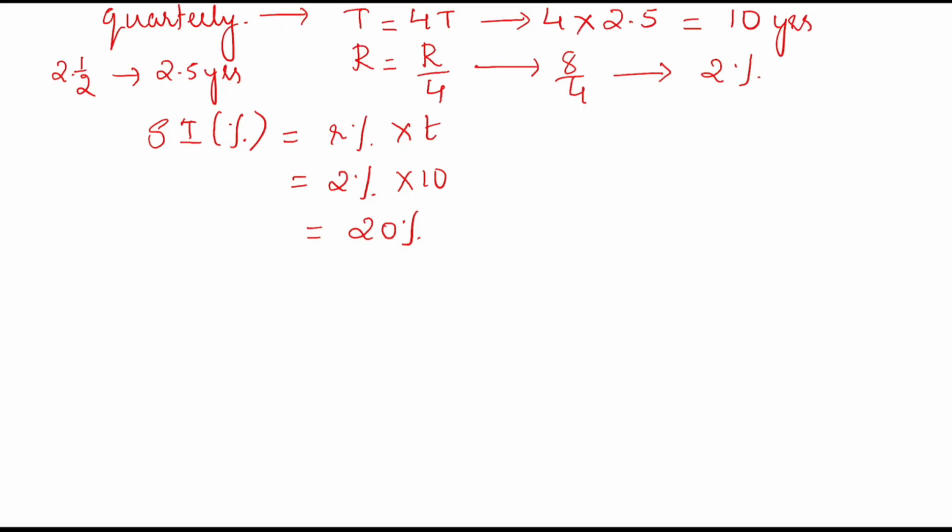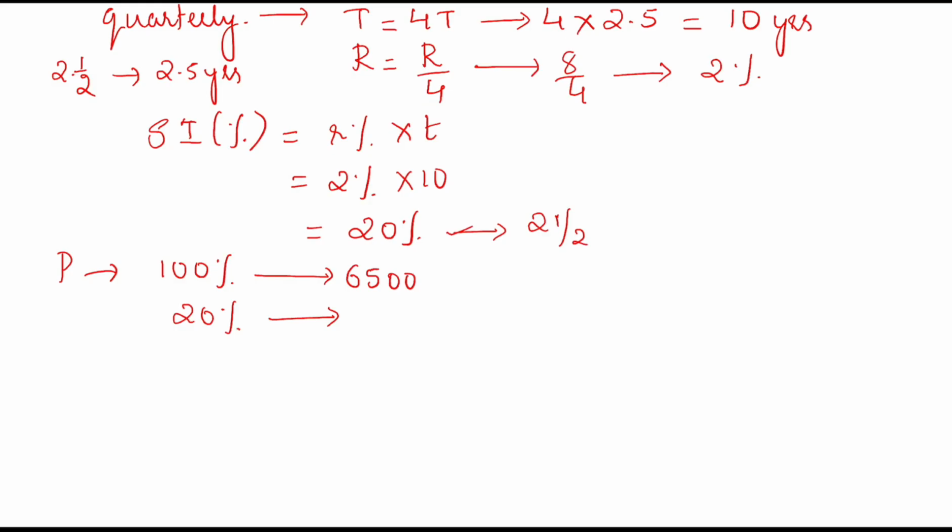So we know that 100% is 6,500 because that is the principal they have given. Then 20% is how much? Because we want 20% interest for the 2.5 years, in SI percentage. So how much is it?